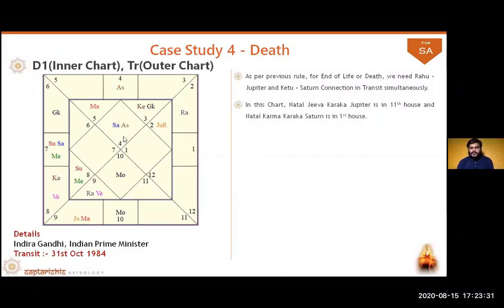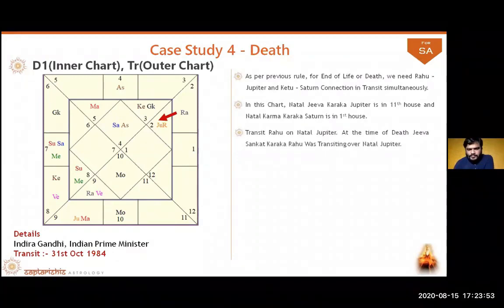We have considered these two things. Now you can see in transit, on 31st October 1984, Rahu was transiting in the Taurus sign, which means transiting over natal Jupiter. First rule fulfilled.